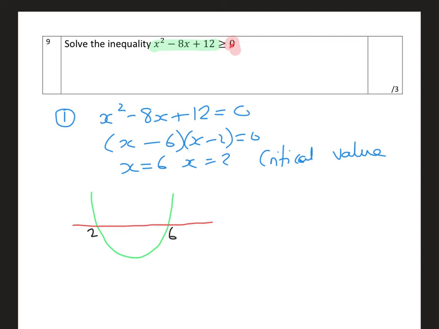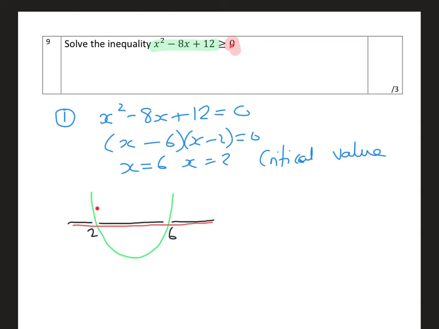Now the inequality says when is green bigger than or equal to red. Now the x values can be split into three sections. I've got this section before 2, this section in the middle, and this section after 6.